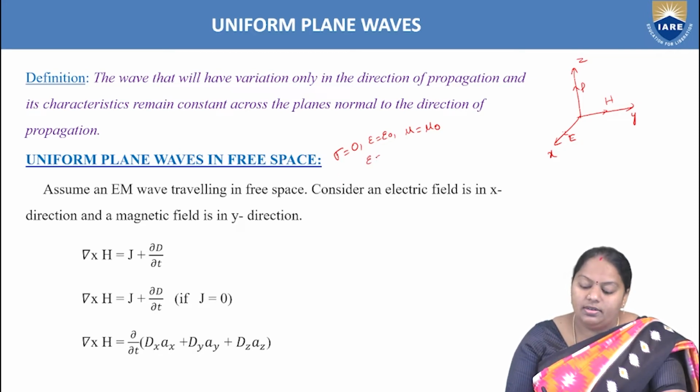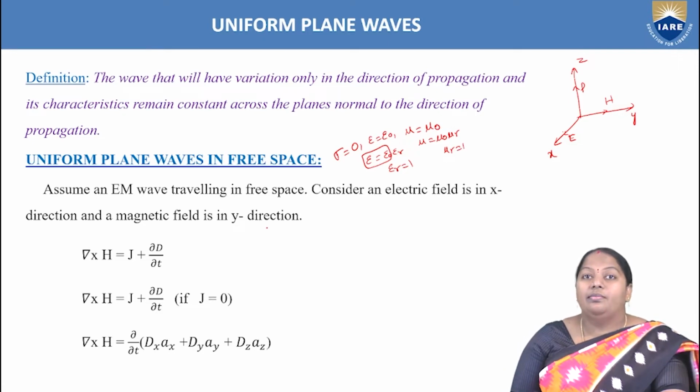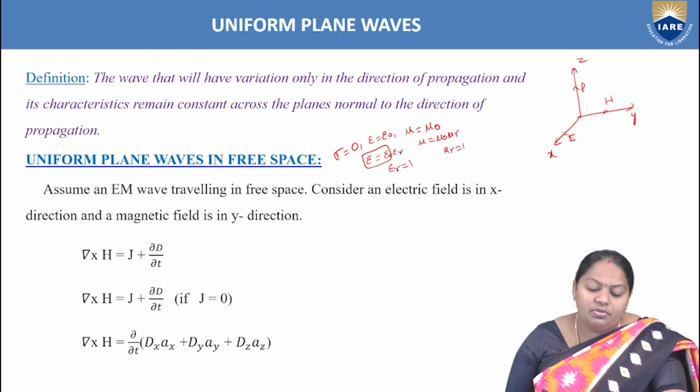In general, epsilon is defined as epsilon naught into epsilon r, and for free space epsilon r is 1, hence epsilon is epsilon naught. Similarly, mu is mu naught into mu r, and for free space mu r is 1, so mu is replaced by mu naught.